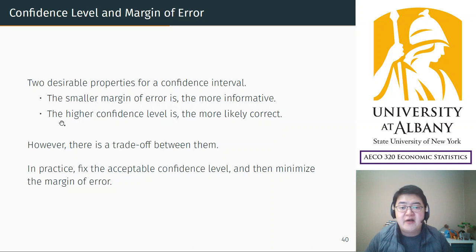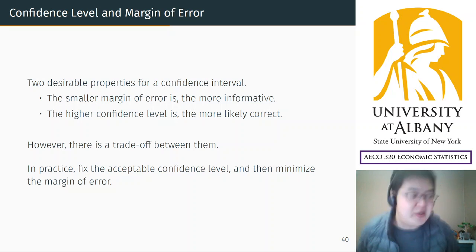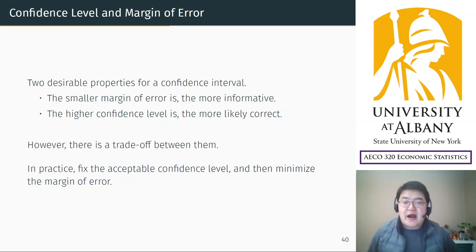The simplest way to obtain a higher confidence level is to increase the margin of error. If you allow a super large margin of error, then any kind of error will fall into the interval. So you're always correct, but it means nothing. Let me think about this. I don't know who you are. I have never seen you, but I can estimate your height.